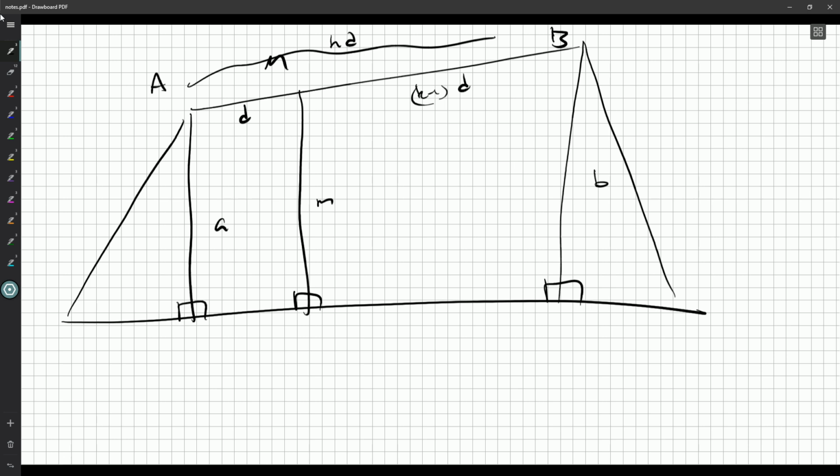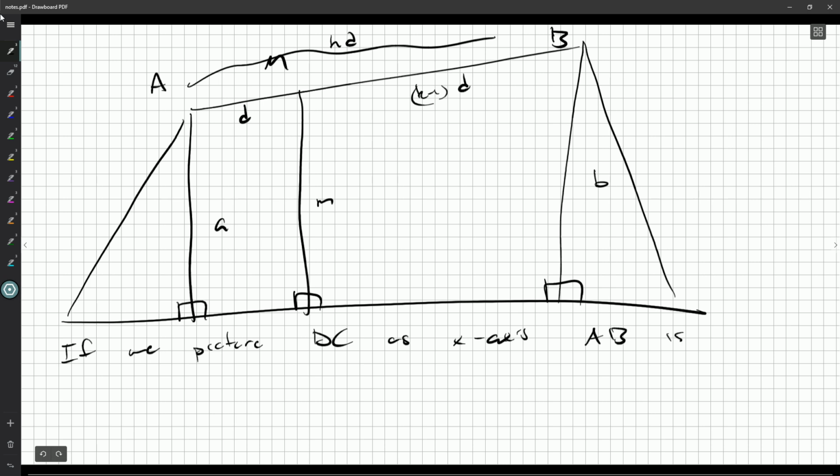Okay. Now, we could say something like if we picture DC as the x-axis, AB is just a line, and we could say A, for example, is at 0A, M is at something M, and B is at something else B.